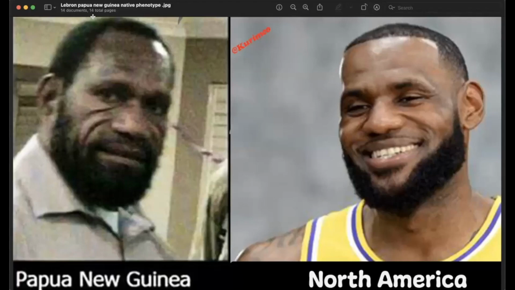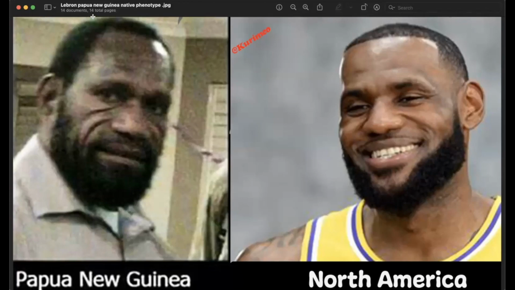All right, now take a look at this. Over here on the left, we got an indigenous elder from the island of Papua New Guinea, Southeast Asia, South Pacific, and very much resembling the phenotype of LeBron James. These are the indigenous people of the Papua New Guinea area.